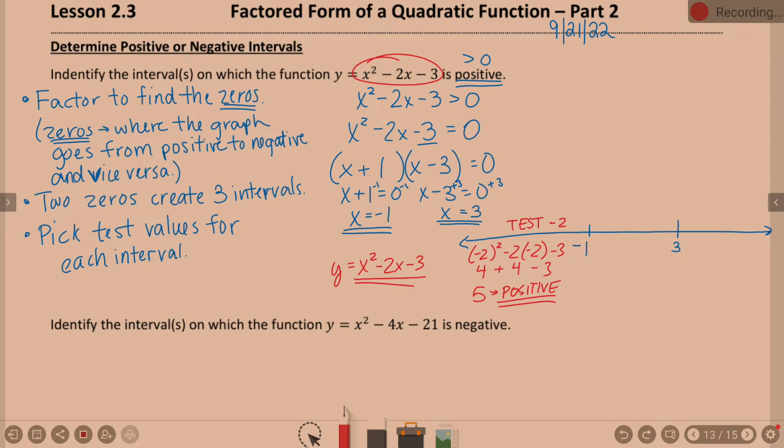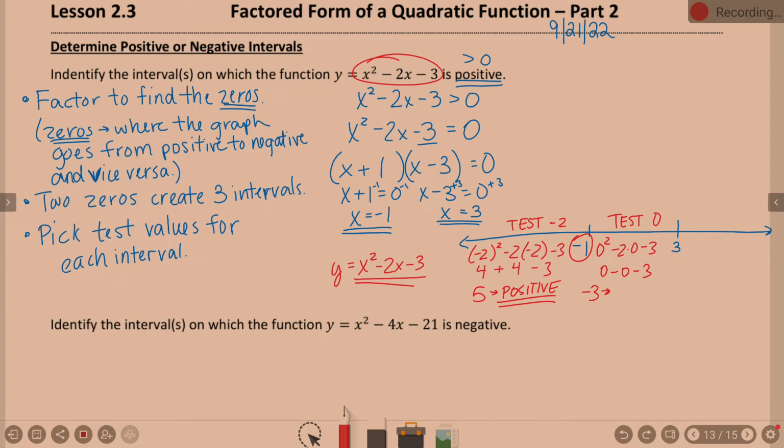Repeat the process in each of the next two intervals. What's a number between -1 and 3 you want to use? 0. I like 0. We could use 0, 1, 2. You can throw in fractions or decimals, but 0 is the easiest on my brain. 0 squared minus 2 times 0 minus 3. 0 minus 0 minus 3 is -3.